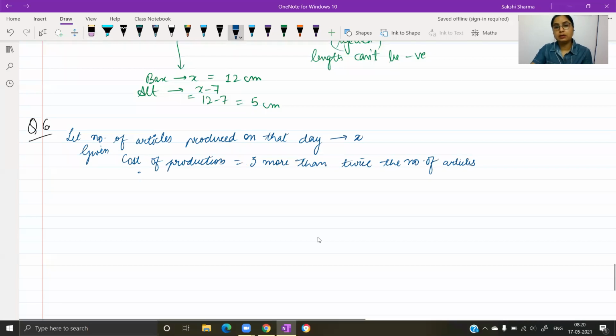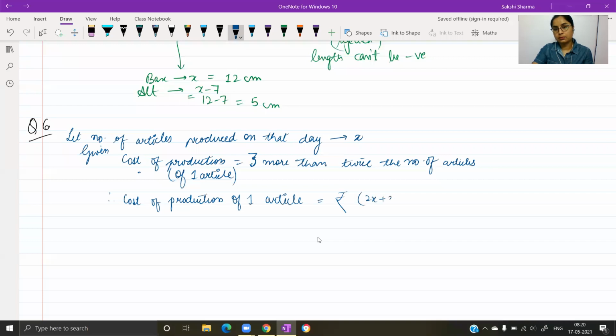Let me specify. So this is the simple unitary method.